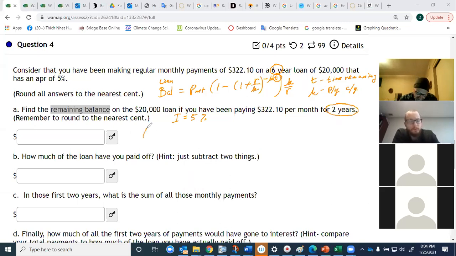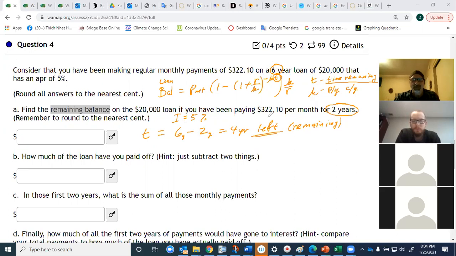So what does T equal? How much time do you have remaining? 4. Yeah, you have to take 6 years and you've been paying for 2 years. So you have 4 years left, right? That's remaining. If you want the balance on the remaining amount, you plug that in.